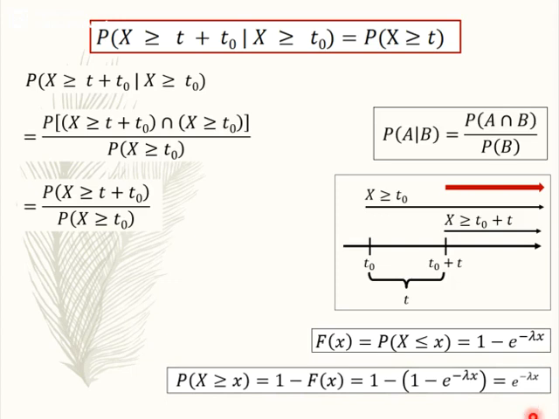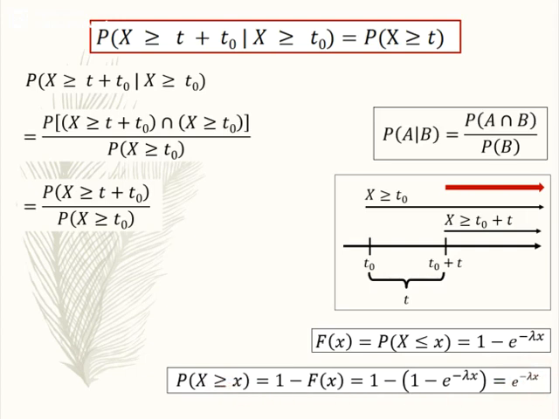If I wanted x greater than or equal to x, then I'd have 1 minus that CDF. And then if I substitute my fx, it gives me this line, and this simplifies to e to the power of minus lambda x. So now I have this probability equals e to the power of minus lambda x.